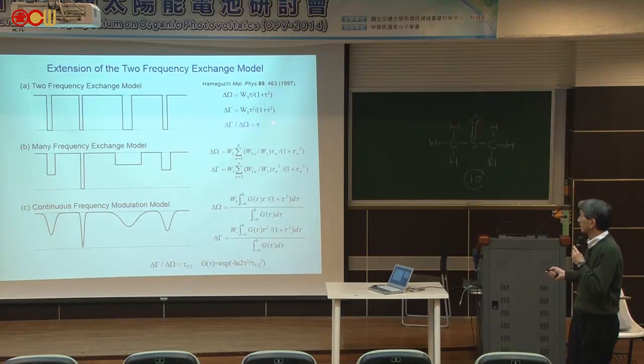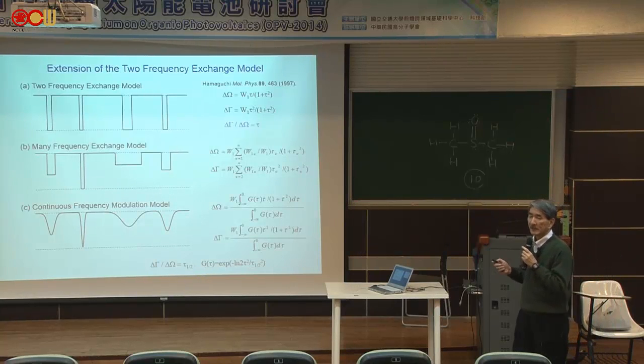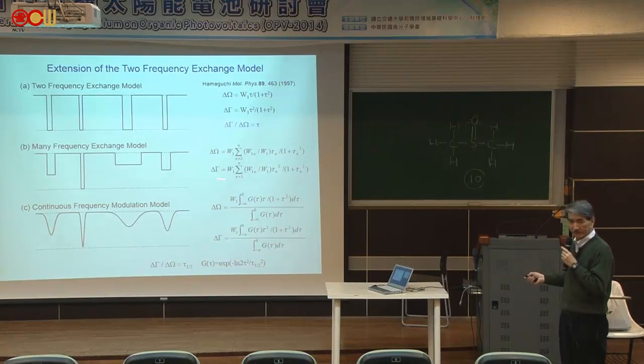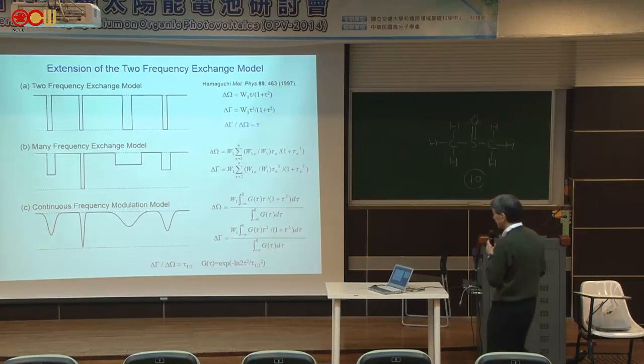And tau is a constant which represents the phase shift during one hop from omega 1 to omega 2. But I'm not going into detail. Anyway, it's a constant.